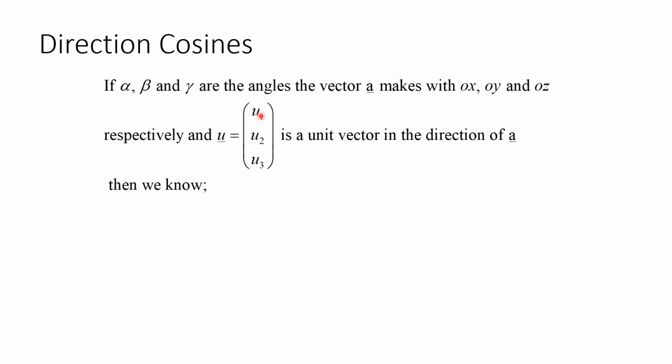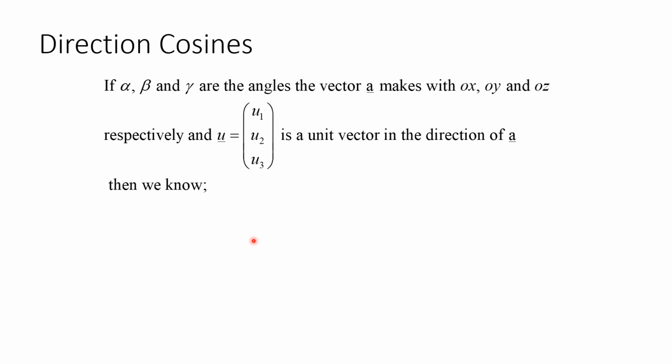And u, which is another vector, is a unit vector in the direction of A. So there are two vectors involved here: A, which has angles of alpha, beta, and gamma from the origin to axes x, y, and z respectively, and vector u, which is a unit vector in the direction of vector A.